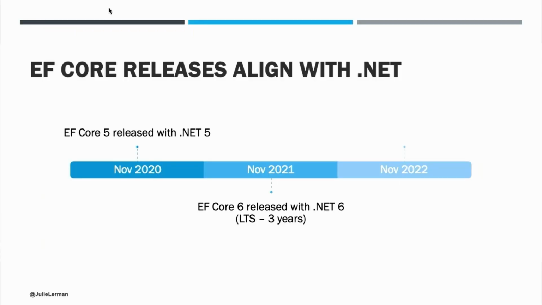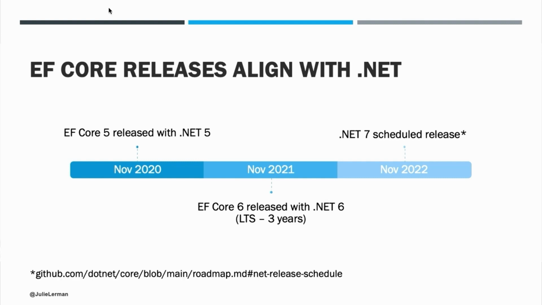So as you may know, EF Core now is in the same cadence with .NET releases. EF Core 5 came out with .NET 5. EF Core 6 comes out with .NET 6. So .NET 6 is long-term support. EF Core 6 is long-term support. .NET 7 is coming out shortly.